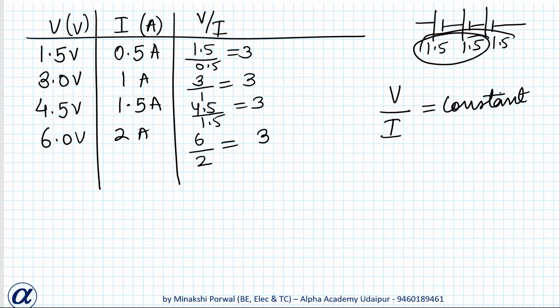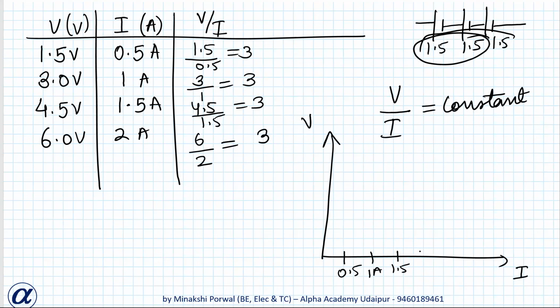If I plot a graph between I and V, I here and V here, if I take 0.5 ampere, 1 ampere, then 1.5 ampere, 3 amperes, and 1.5 volt, 3 volt, 4.5 volt, and 6 volt, and draw a graph corresponding to it, I'll get a straight line.